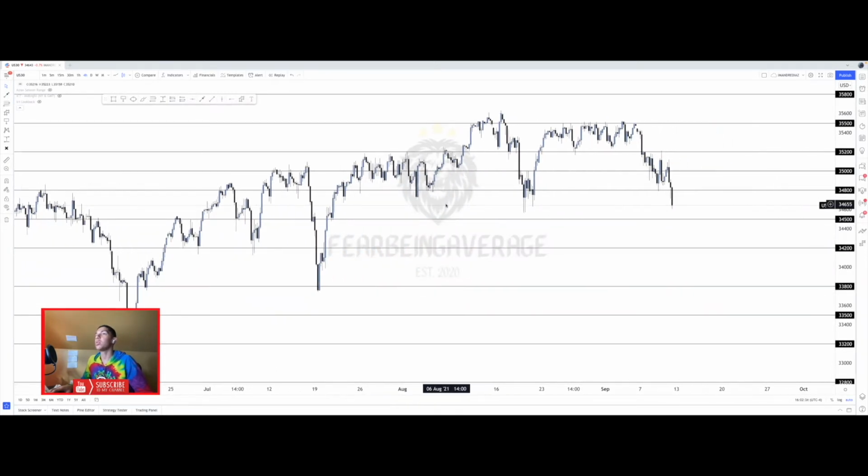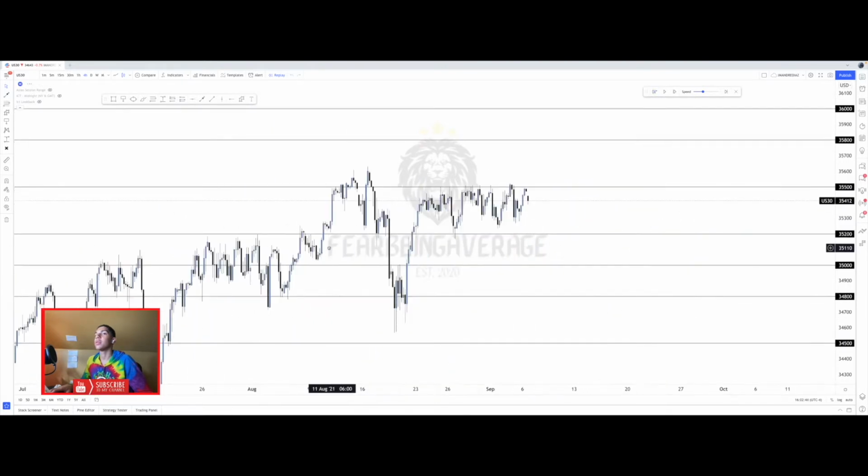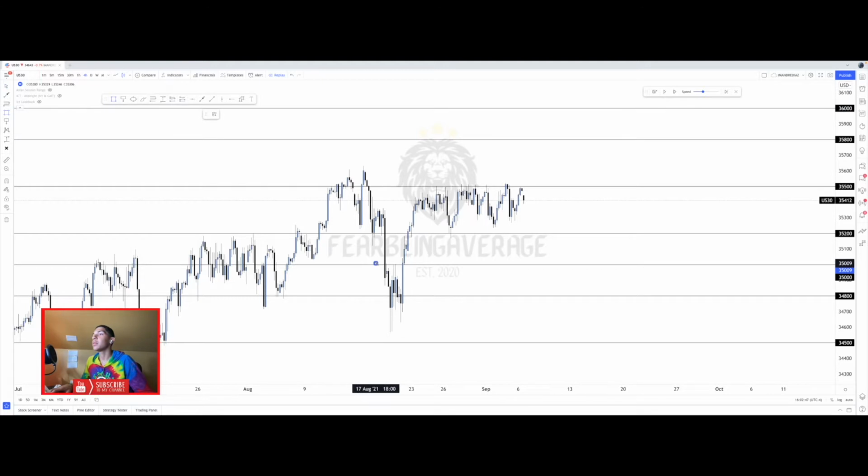So I'm going to look for an example right here. I'm just going to use this one, go back in time, and go right here. This is the consolidation that we would be paying attention to, the consolidation before this up move. Then the liquidity void that was created is all through here.